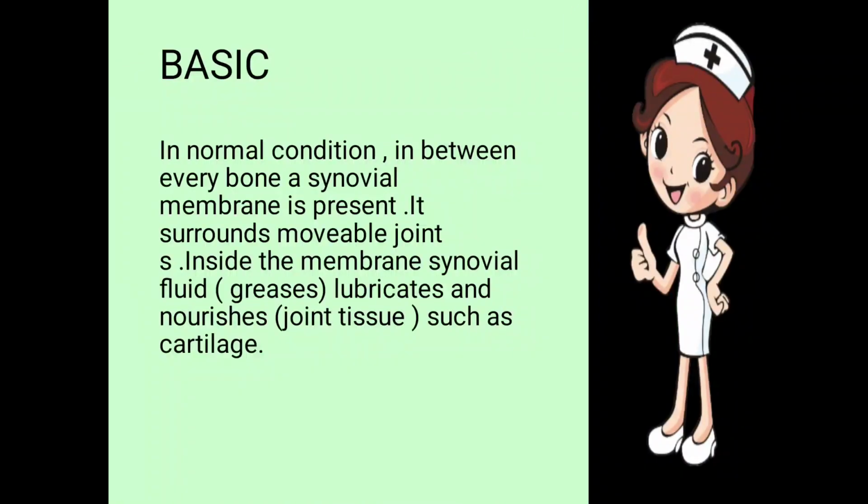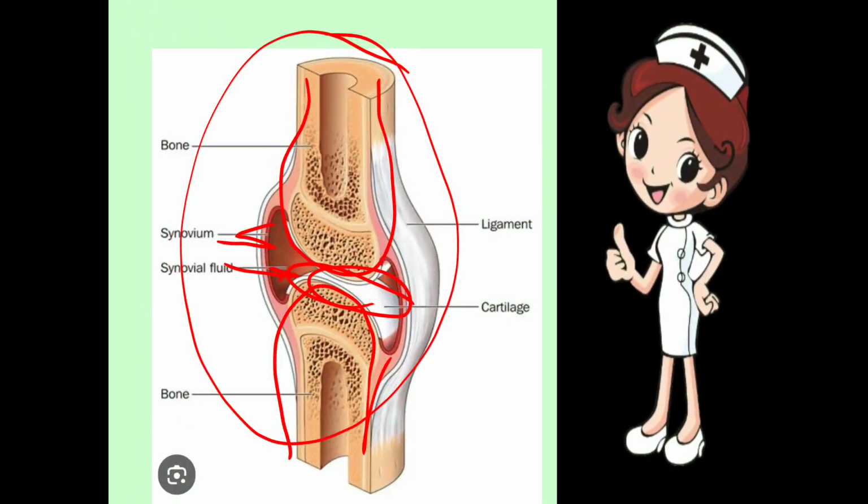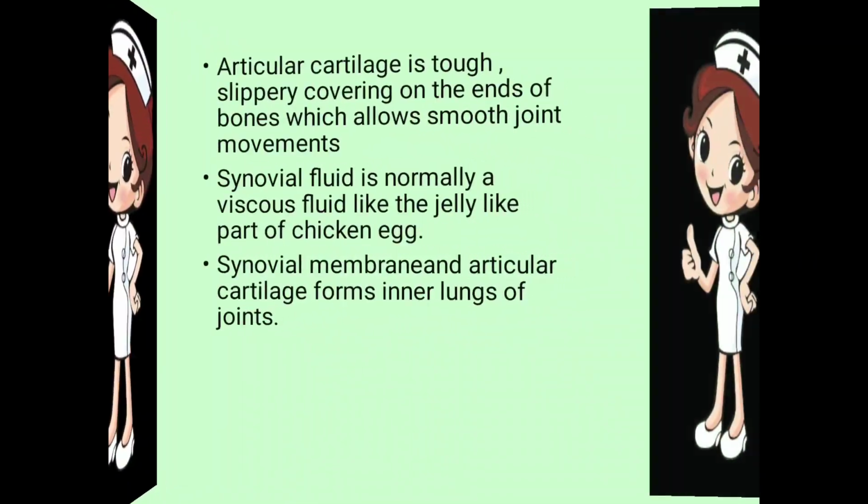If there is no wear and tear, they will be healthy tissues. So in the normal condition, the synovial membrane and the synovial fluid are present between the two movable joints, which lubricate the tissue so that it can move or work easily. Let's move to the next.